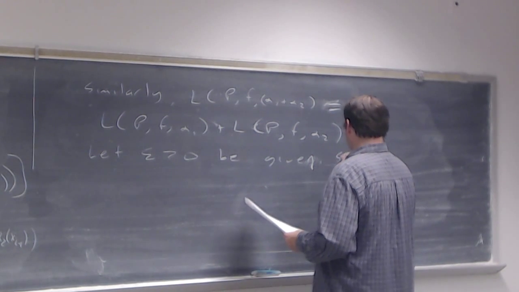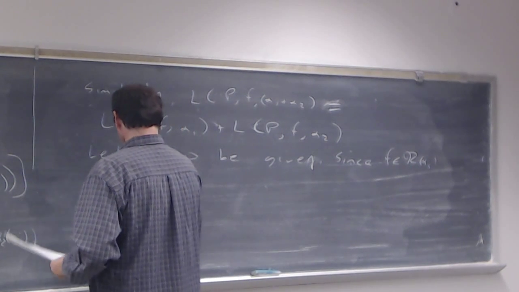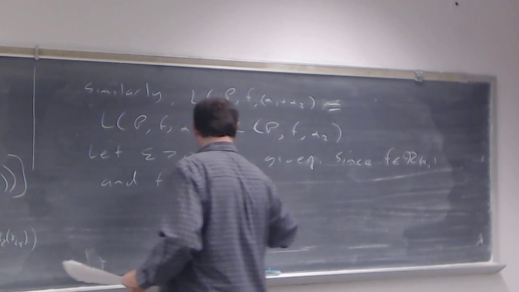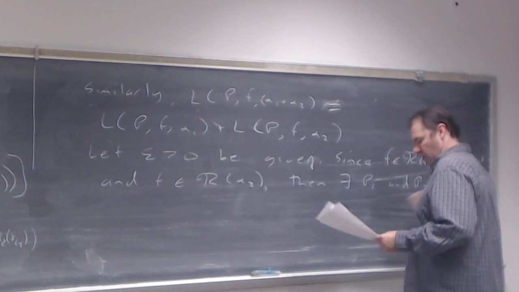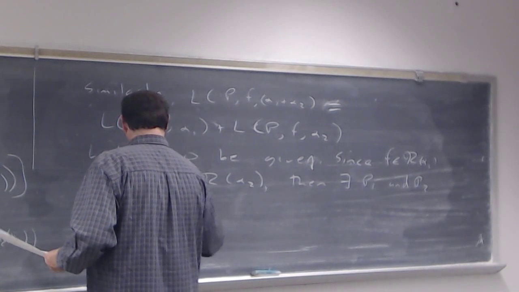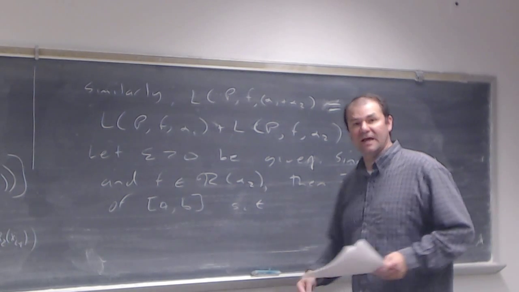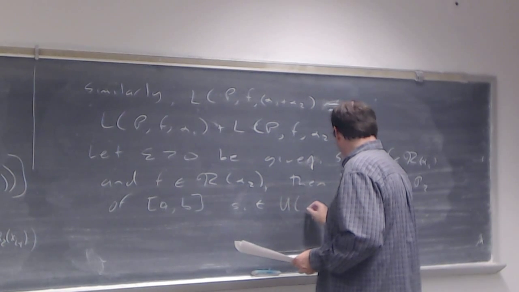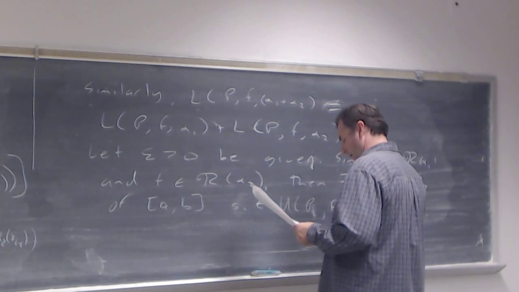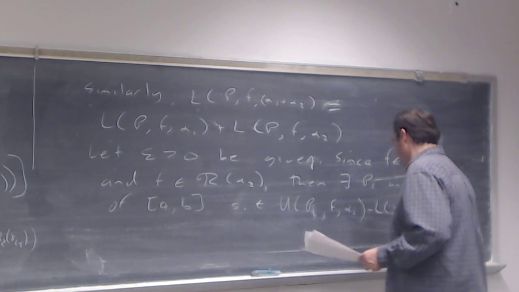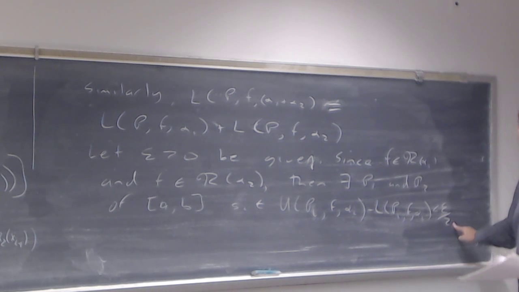So since F is Riemann integrable with respect to alpha sub 1, and F is Riemann integrable with respect to alpha sub 2, then there exist partitions P1 and P2 of a to b, both of them partitions of a to b, such that, and to save some writing, I'm going to employ a notation that we've used before, the upper sum with P sub i, F, and alpha sub i minus the lower sum with P sub i, F, and alpha sub i is going to be less than epsilon over 2. Epsilon over 2, that's what we got.